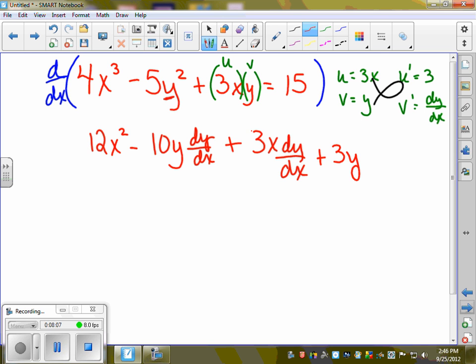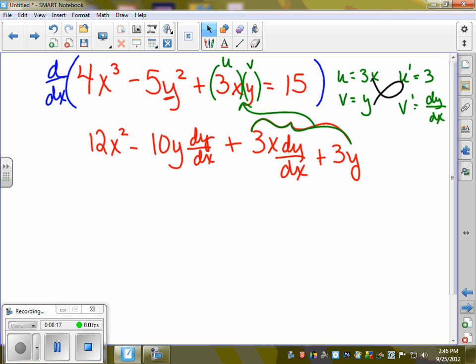Now those two things together, put that in green, those two things together are the derivative of the 3xy part. And then we still have to take the derivative of 15, which is 0.